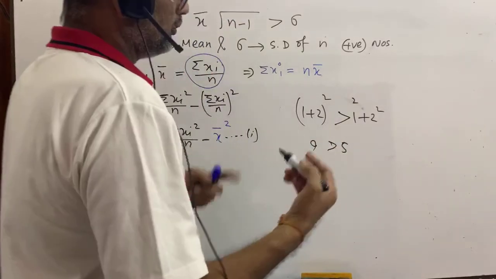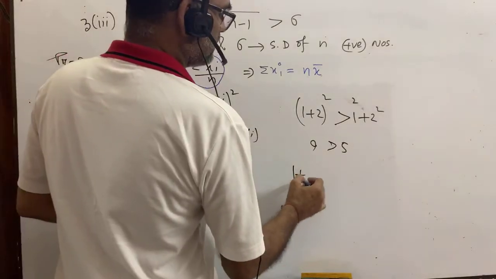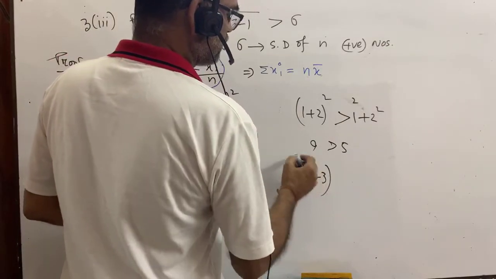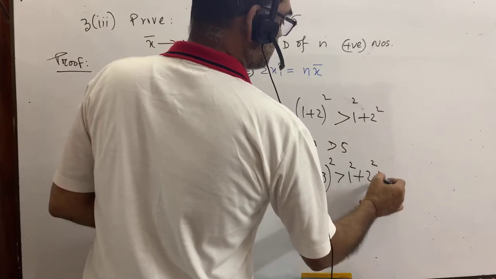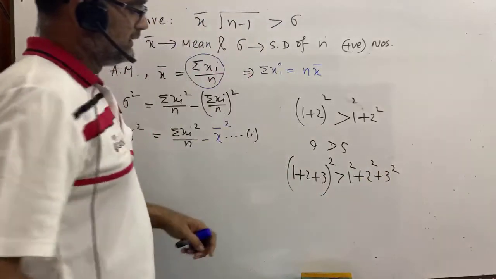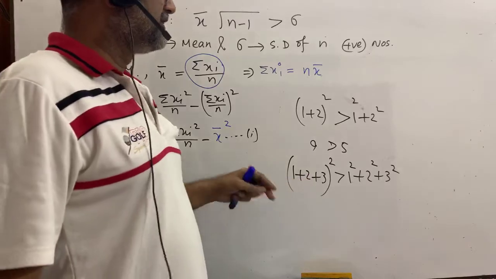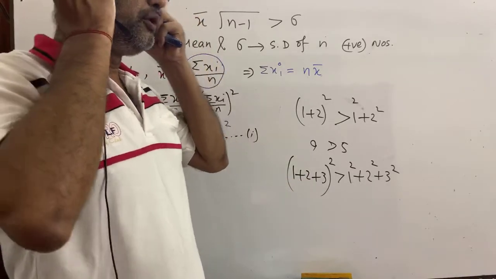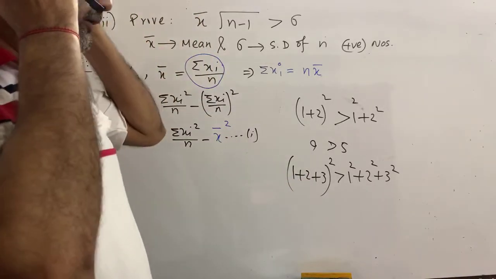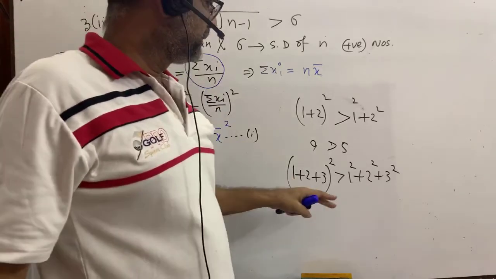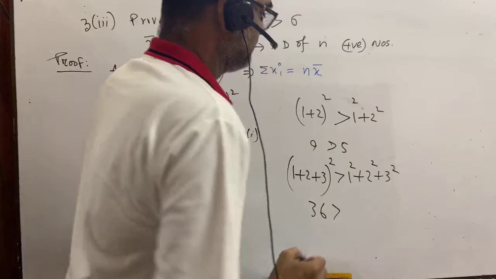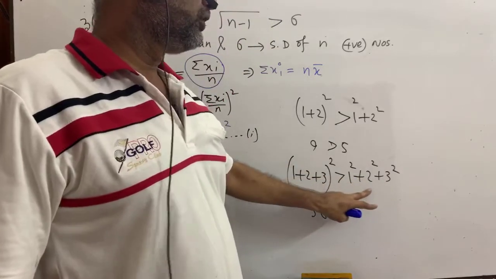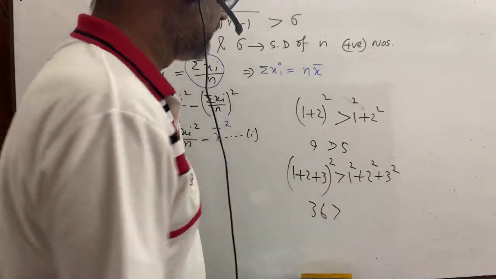Similarly, we can also write that 1 plus 2 plus 3 whole square is greater than 1 square plus 2 square plus 3 square. Have you seen? 1 plus 2 plus 3 is 6, 6 square is 36. 36 is greater than 1 plus 4 plus 9, which is 14.